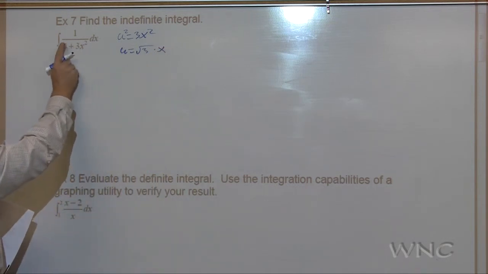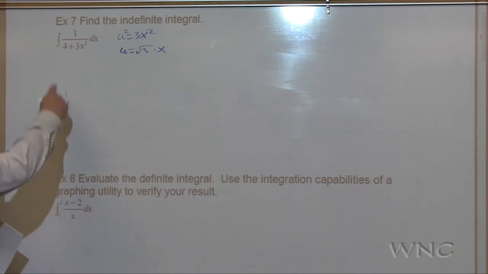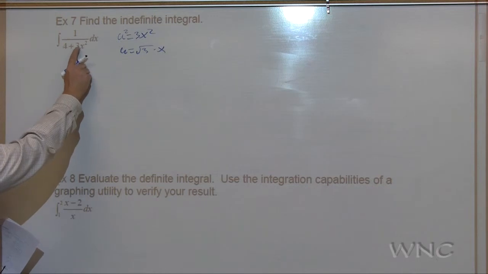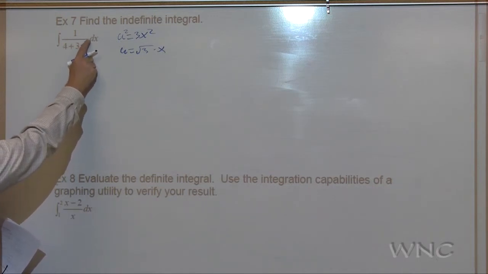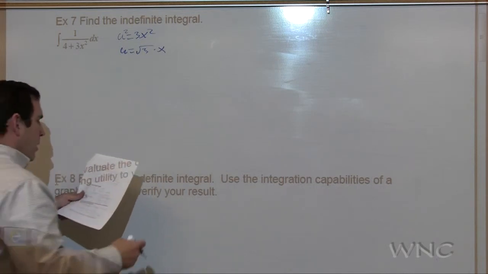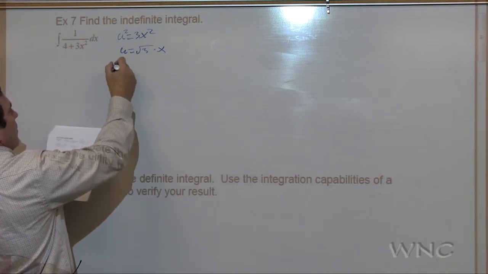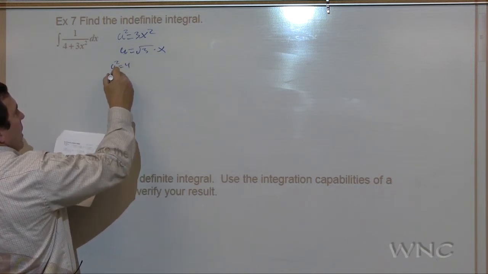The idea is if we have something squared plus something squared, we can take advantage of an arctangent. As it sits, you could treat this as 2 squared plus (square root of 3 times x) squared. You can use the arctangent. Okay, and our a squared is 4, so a is 2.